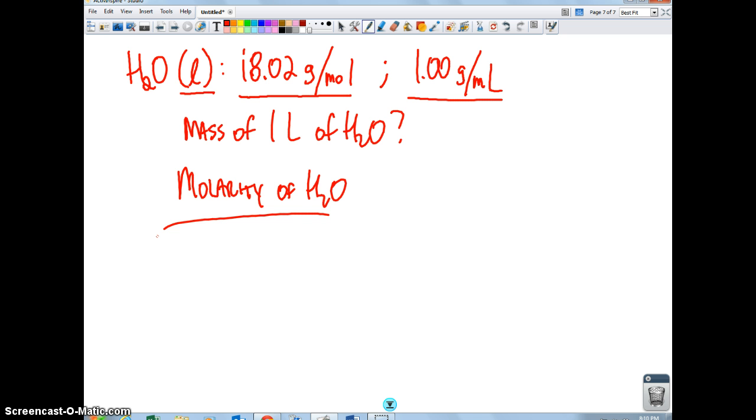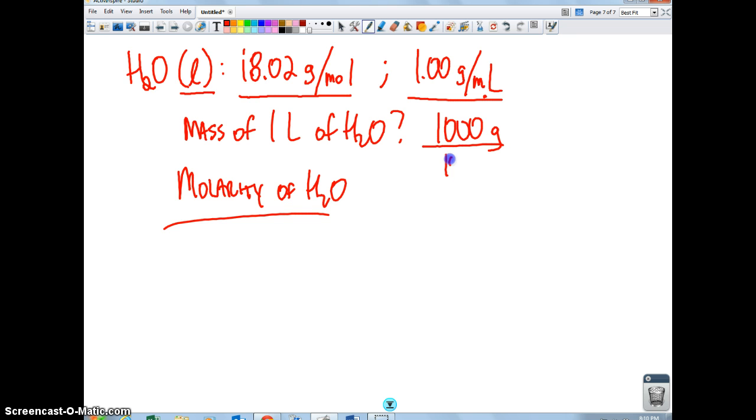So if I figured out the mass of 1 liter using the density, hopefully you understand that if this is 1 gram per milliliter, the mass of 1 liter is going to be 1,000 grams. If you don't understand that that's 1,000 grams, you need to come see me about what a milliliter means and how many milliliters there are in a liter, because there are 1,000 milliliters in a liter. So there are 1,000 grams in a liter.